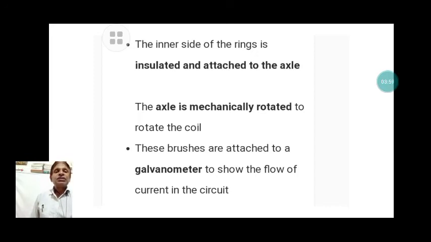The brushes X and Y constantly touch the split ring P and Q, and are connected to a galvanometer or load to show the induced current produced in the coil.